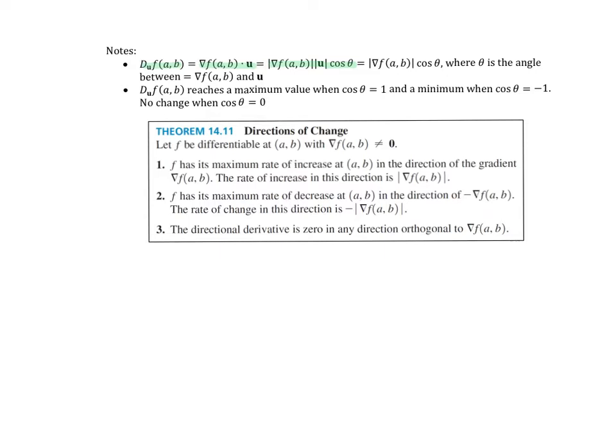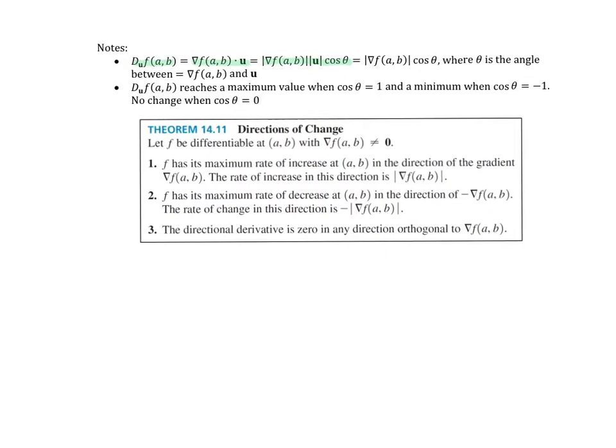This theta is the angle between the two vectors. And I have a typo here. That equal sign should not be there. So since our vector u is a unit vector, its magnitude is 1, we can simply compute the directional derivative by looking at the magnitude of the gradient vector times cosine of theta, if we happen to have theta.